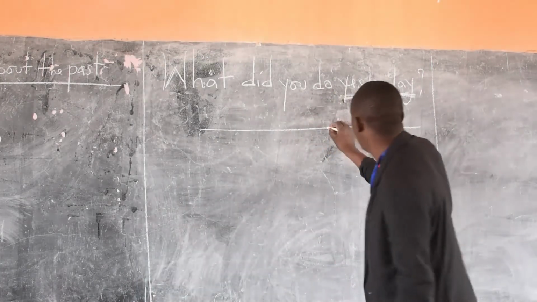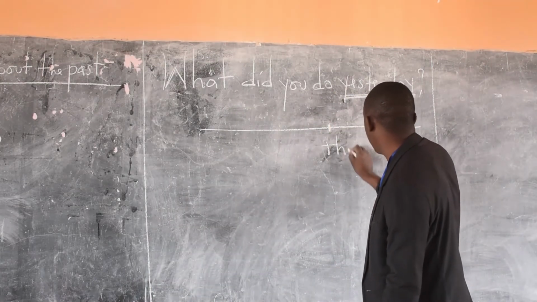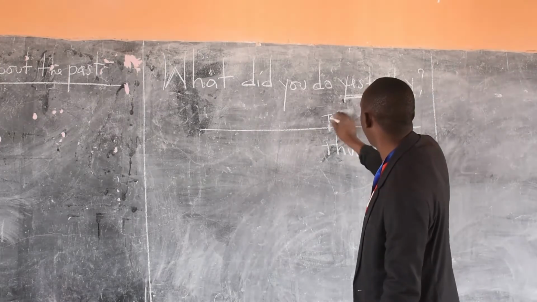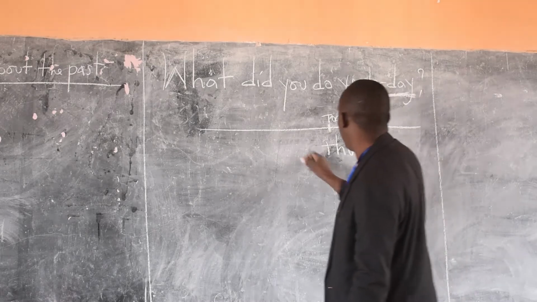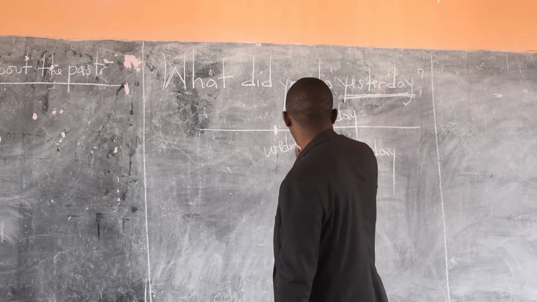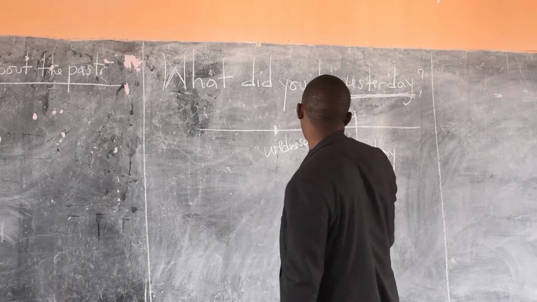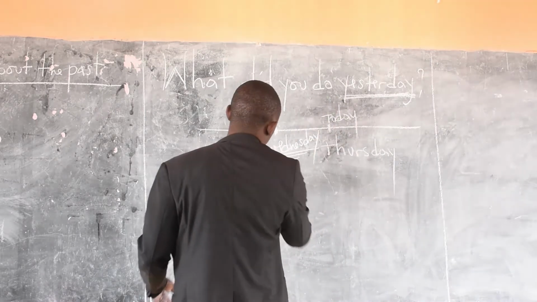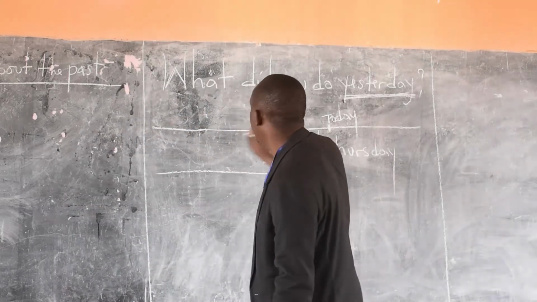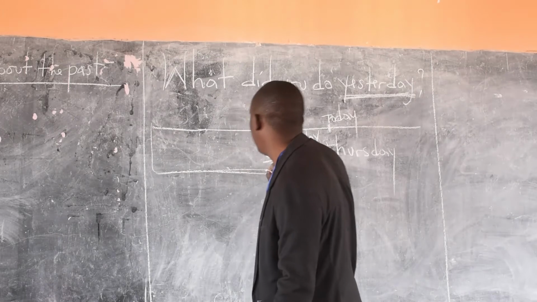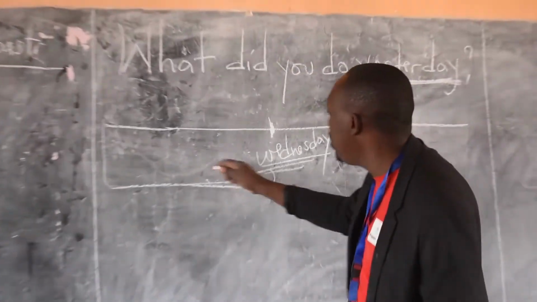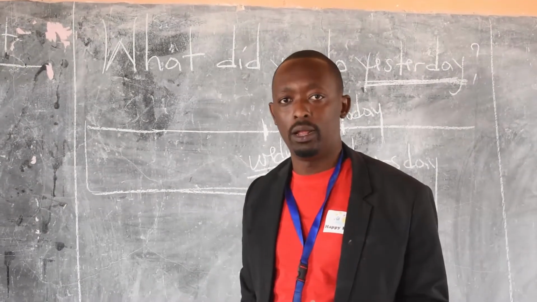Today we are on Thursday. This is today. So then from Wednesday up to Monday, we can refer to this time as the past, because the past refers to the time before today.